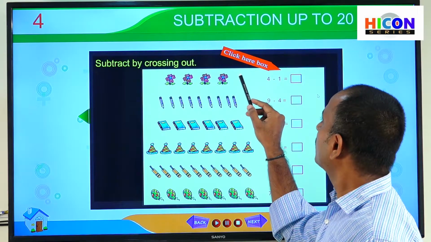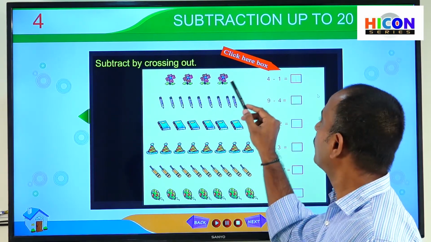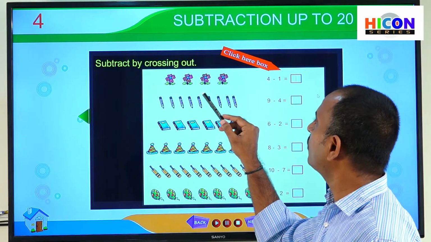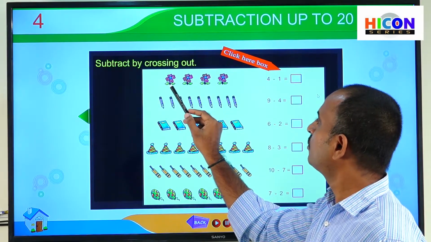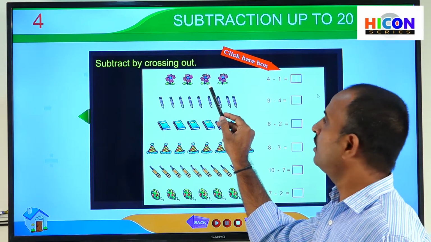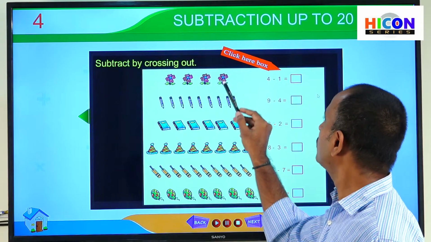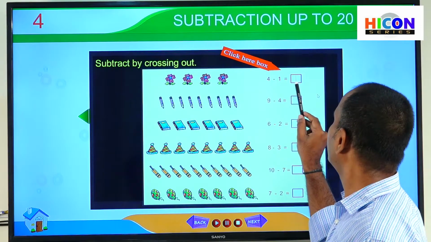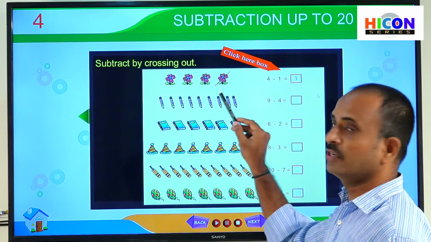So we just cross out one flower here. If you cross out one flower, how many flowers will be left here? Let us count 1, 2, 3. There are 3 flowers left if we cross out one flower. So write 3 in this box. Children, do you understand?